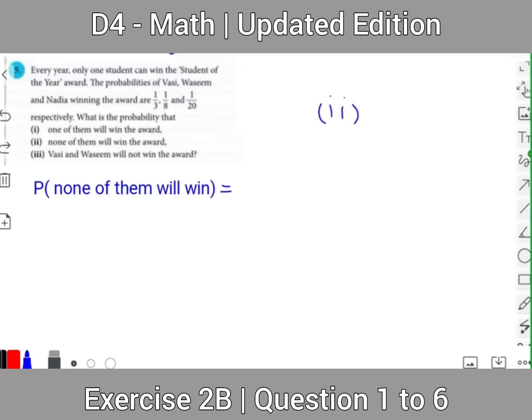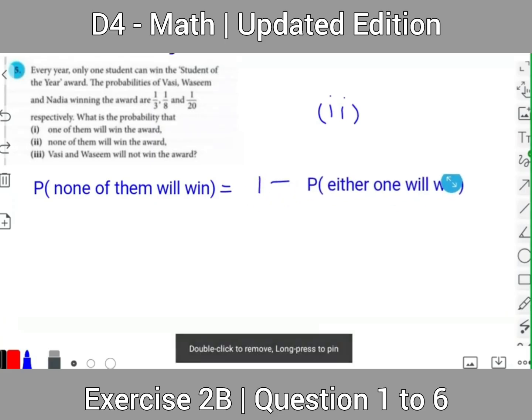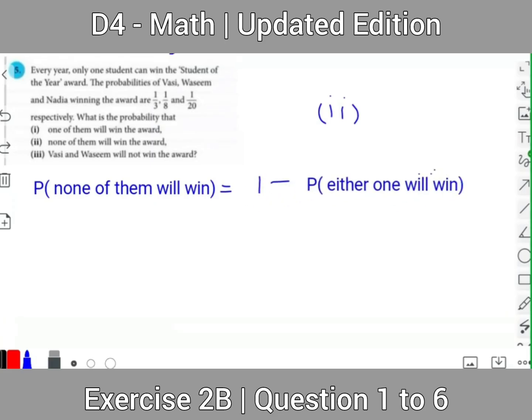Now in part 2, we have to find out the probability that none of them will win the award. So the probability that none of them will win the award will be equal to 1 minus the probability that one will win. Since in part 1, we found the probability that either one will win, and that was equal to 61 over 120, now we have 120 minus 61 over 120.